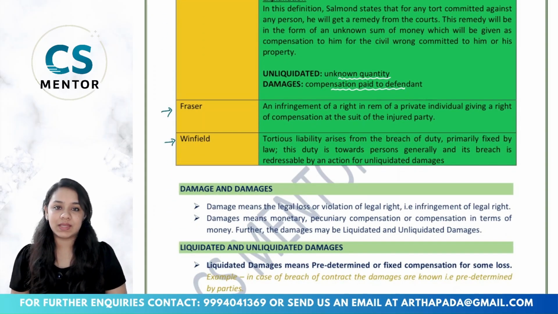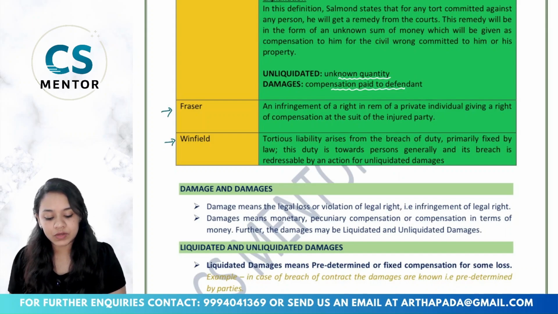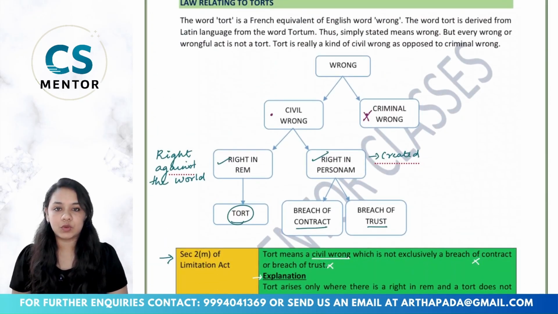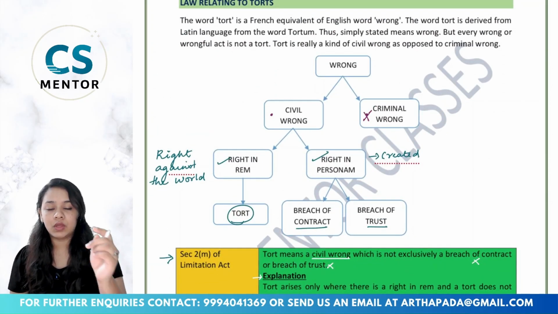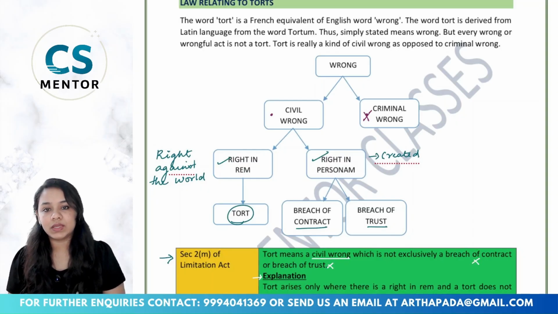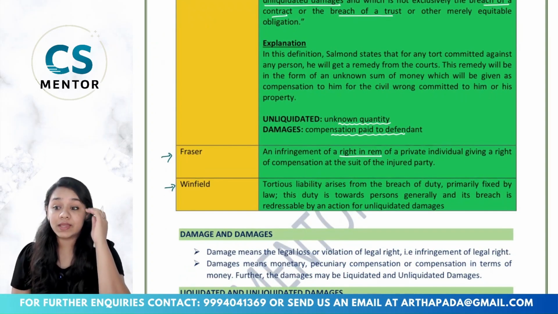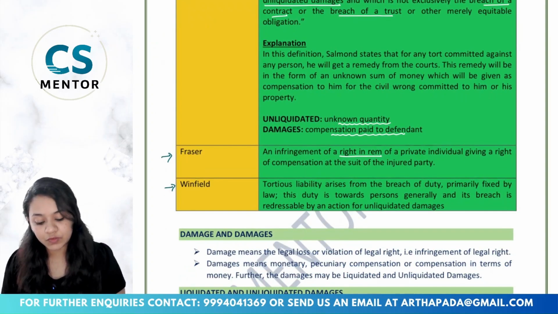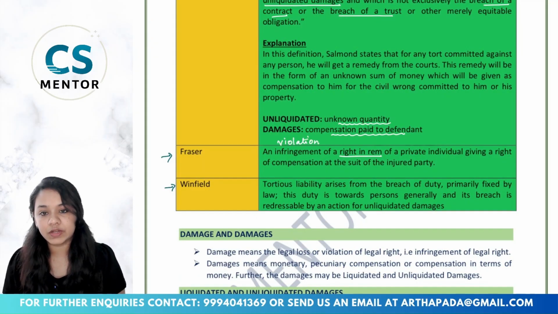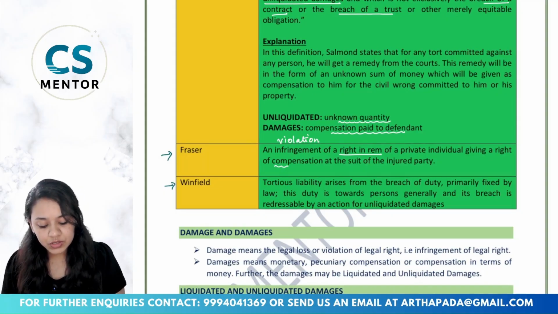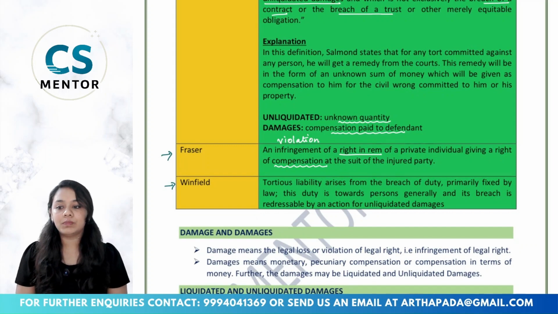Fraser goes ahead to say that it is an infringement of a right in rem. Because again, come back to this flow chart over here. There's a civil wrong, which is a right in rem, and that breach of right in rem only is a tort. So Fraser also goes on to say that there is an infringement. That is, an infringement is nothing other than a violation of a right in rem of a private individual, which gives a right of compensation.